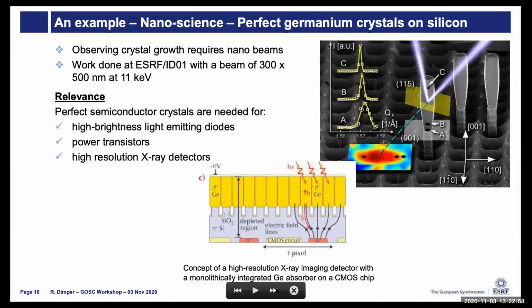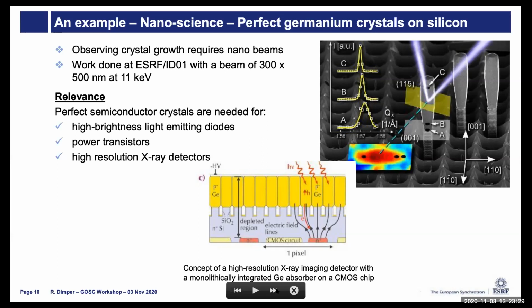And here you have in the right-hand upper corner the view of how that looks. You can then judge the quality of these crystals, which are very important for a number of applications. The most prominent one being the light bulbs we have based on LEDs, but also the germanium detectors we are using in our facilities to actually do all the research we are doing.